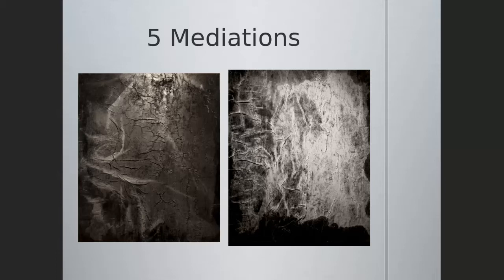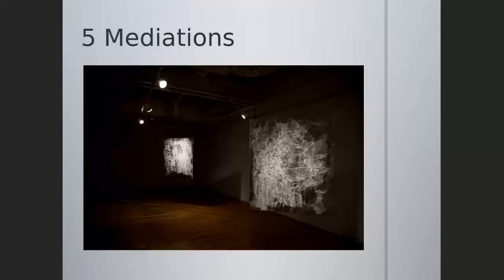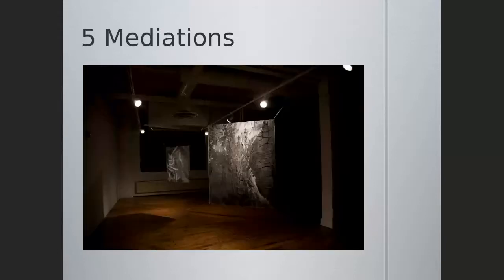And the way that the paper kind of crumples up when you're trying to remove that residue is really lovely. So it's a whole other commentary on the body and photography, just on a larger, more experiential scale, in that you are allowed to walk through, around, and among these hanging works here.